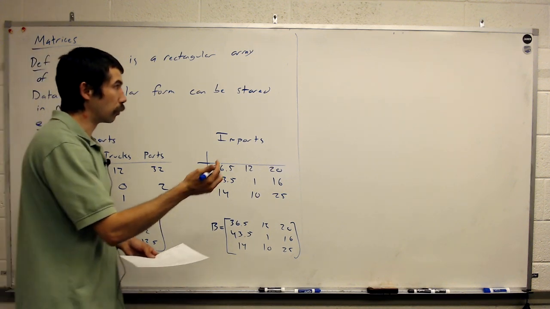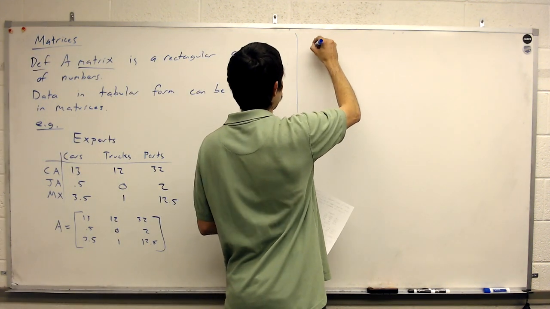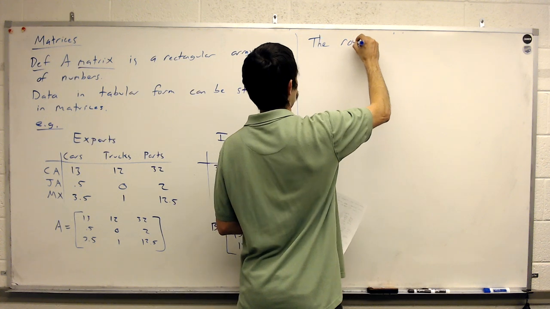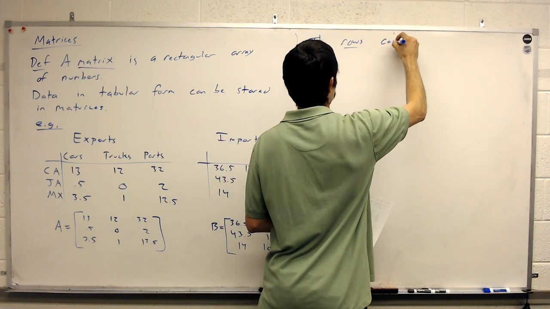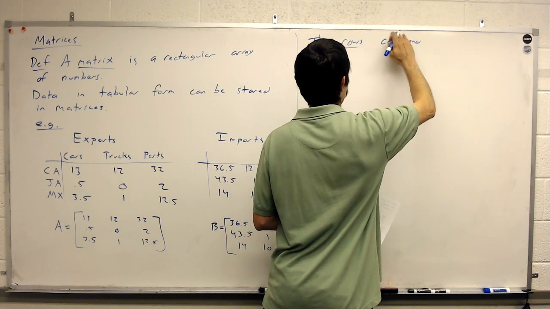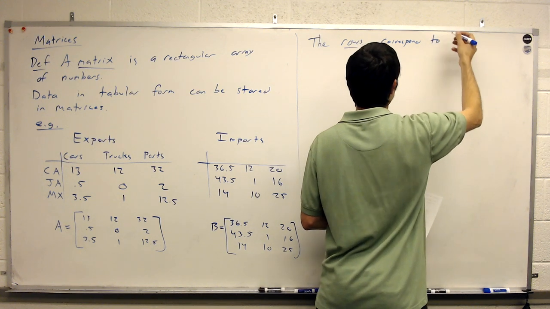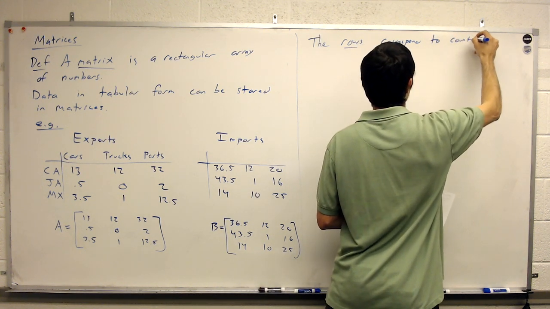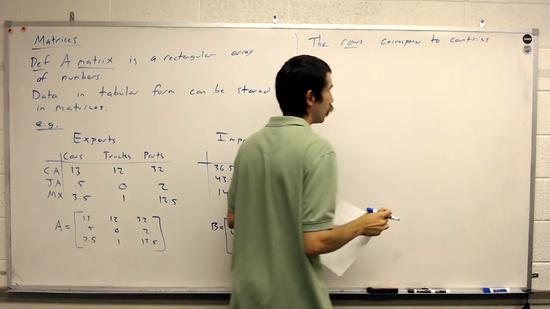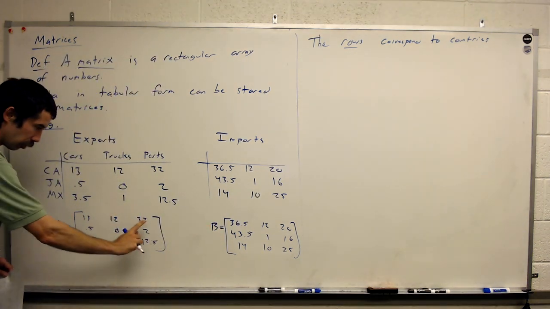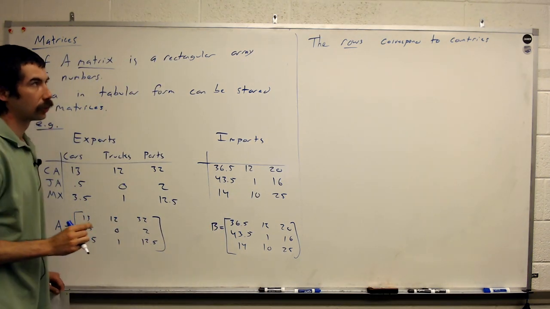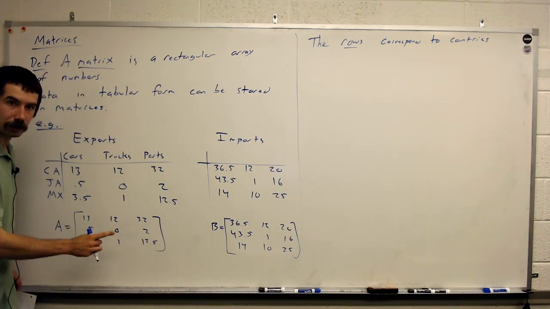All right, so the rows in our matrices correspond to countries, at least in this example. So when we go left to right, those are rows. Rows go left to right. Each row corresponds to a different country.